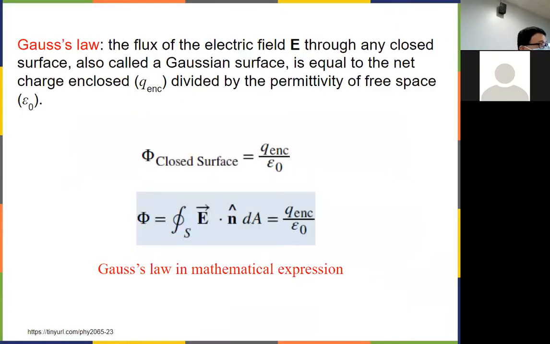For Gauss's law, it states that the electric flux through a closed surface is equal to the charge Q that the surface encloses divided by epsilon naught, the permittivity of free space. That's basically Gauss's law.